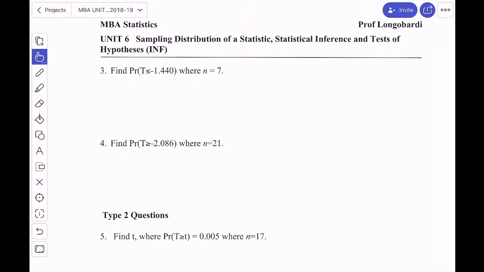Find t. Negative 1.44. Remember, 0's in the middle, and this is T6 because degrees of freedom equals n minus 1 equals 6.